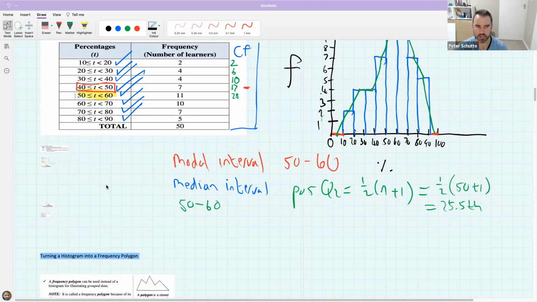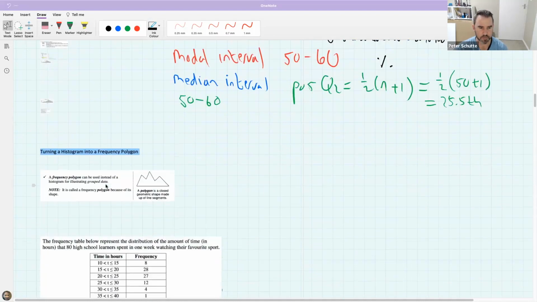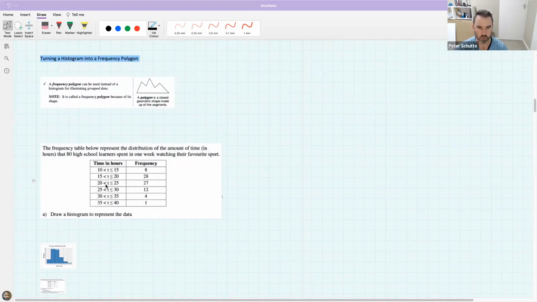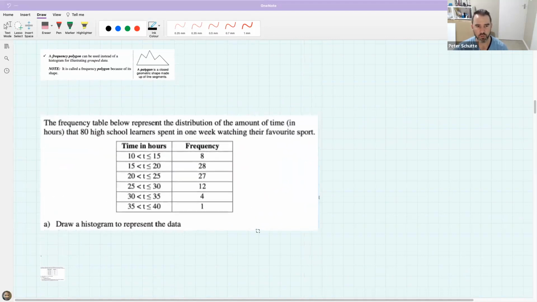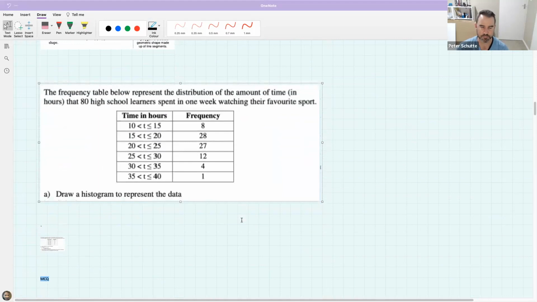Okay, so let's move on from that. I want you to draw me a histogram and frequency polygon for this data set. So draw me a histogram and a frequency polygon for this data set. I'll leave it to you.